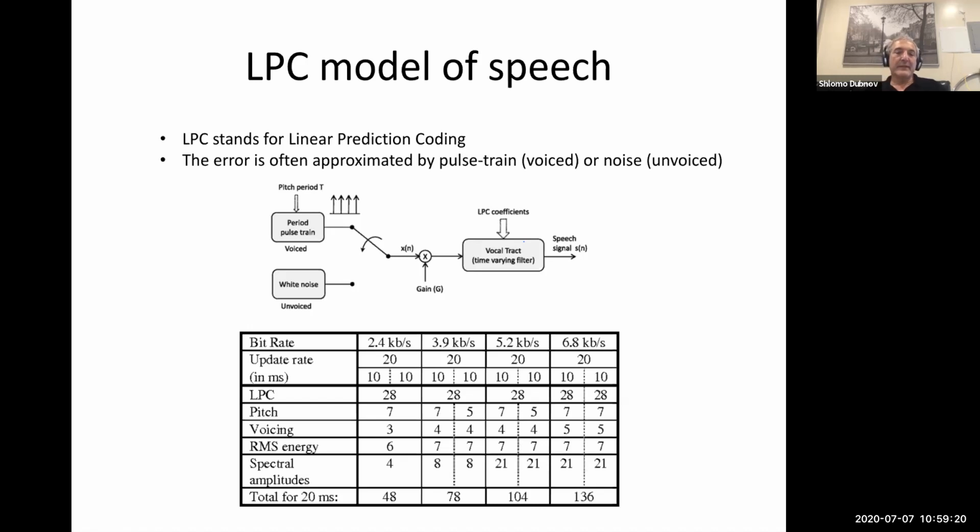So this gives you an idea of extracting features of a model. The one thing to keep in mind here is that this is really a model-based approach. We assume something about the speech. We assume this is a source filter model, and we use a lot of signal processing knowledge to create this representation.